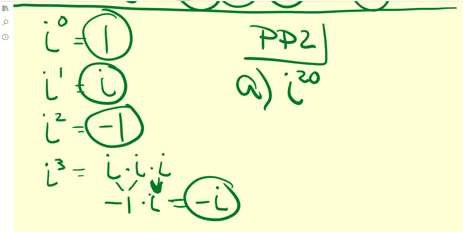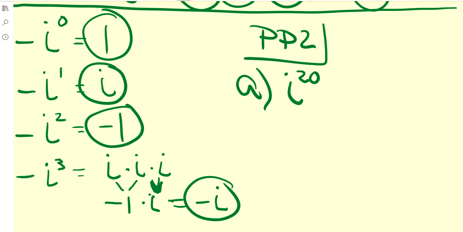What I want to do is divide the exponent, the 20, by 4. The 4 comes from i to the 0, i to the 1, i to the 2, i to the 3. There are 4 answers that I'm looking for.